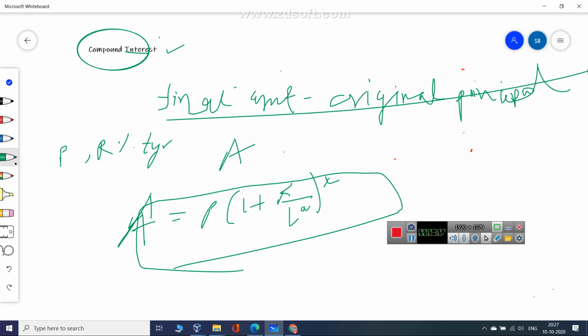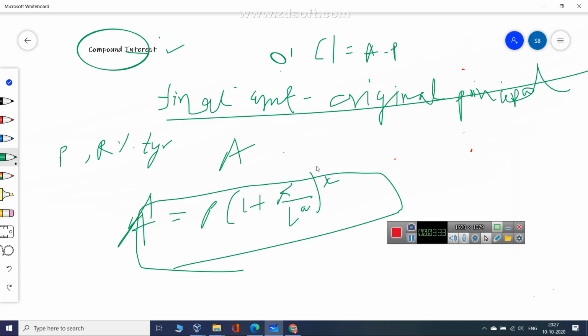This is the compound interest like I have told. So CI equals A minus P. This is the formula.